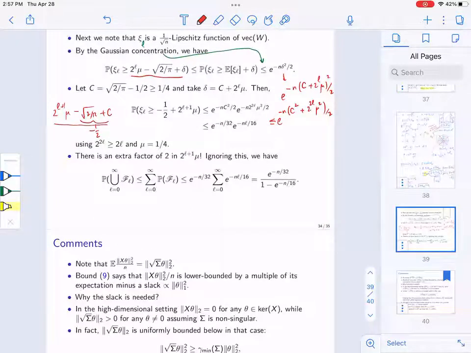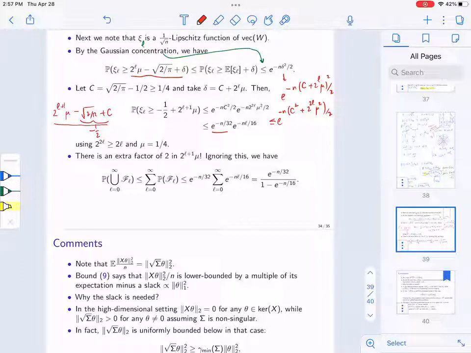So I get this, and then this just separates into two pieces. This part turns out to be e to the negative n over 32. We haven't specified C, so just pick C however you want. We can take it to be something to make it 32. It doesn't matter, it's just a constant. You can see it's e to the negative n times some constant, which is good enough for us.